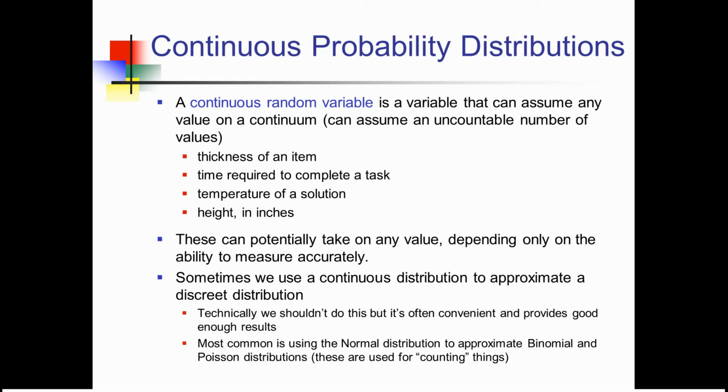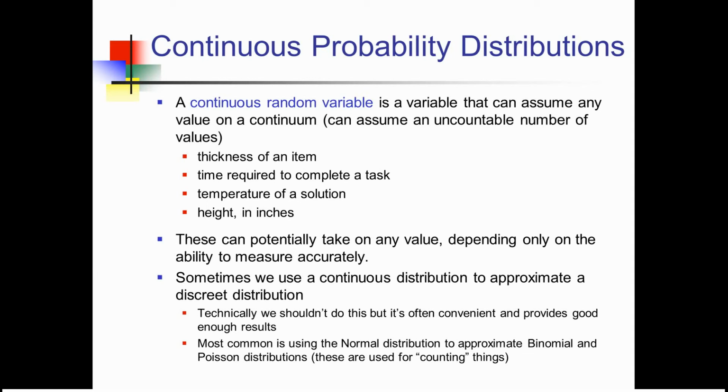Anything that is measurable tends to be continuous, and if you're thinking about how the values of that measure can vary, that would be its distribution. A continuous value can take on any particular value, depending only on the ability to measure it accurately enough.